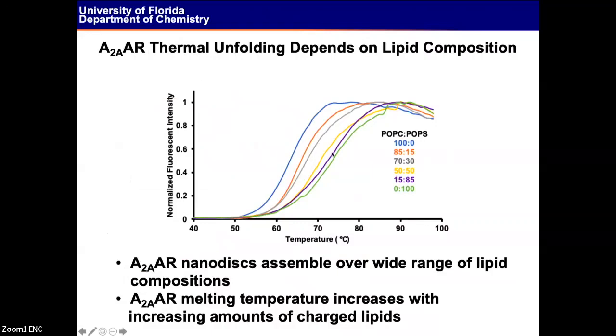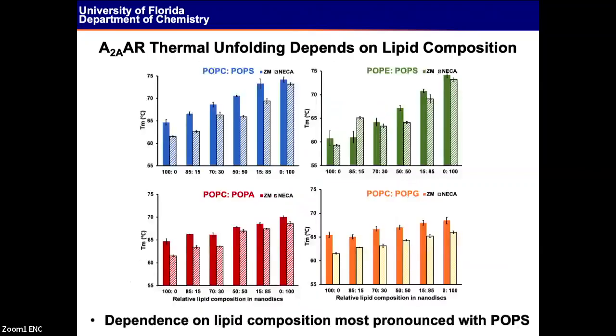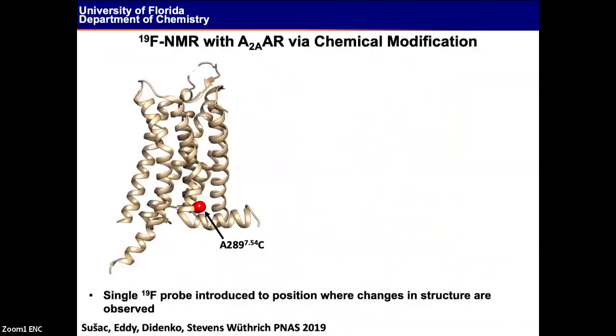So the receptor is folded across a range of lipid compositions, but as we increase the proportion of anionic lipids, we see an increase in the melting temperature of the protein. And that's true for a wide range of lipids, as shown here, and in particular, compositions with PS. So PS appears to play a special role in particularly increasing the relative stability of the protein.